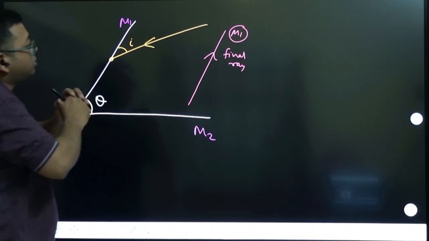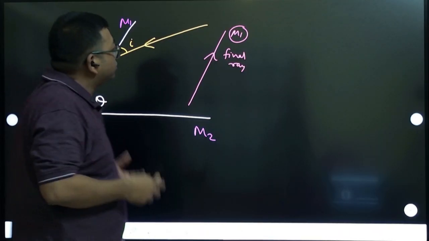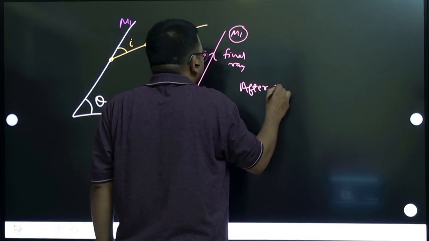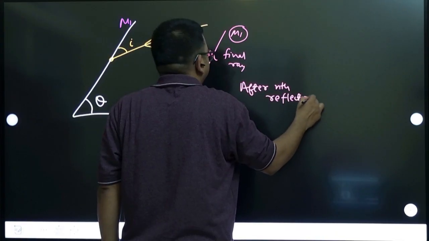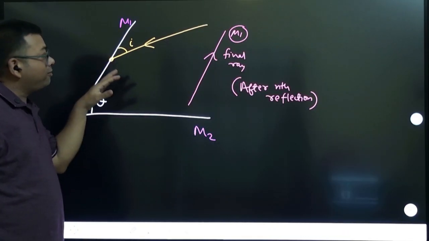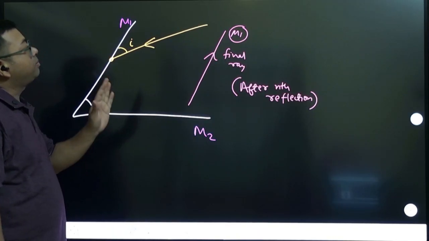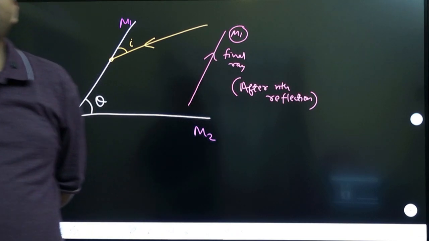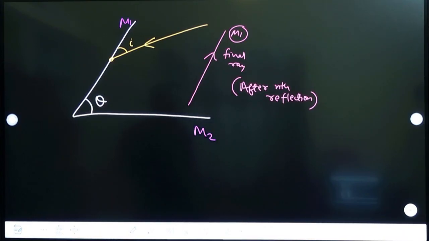Now this type of questions, how do we solve? After nth reflection, they will also give after nth reflection. What should be the value of i, so that after nth reflection this will become parallel to the first? Then calculate that.